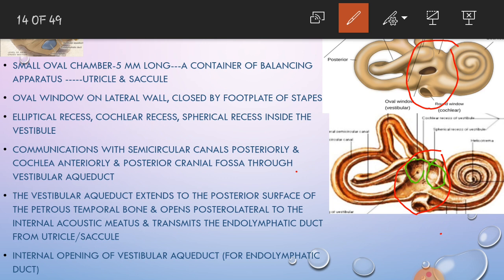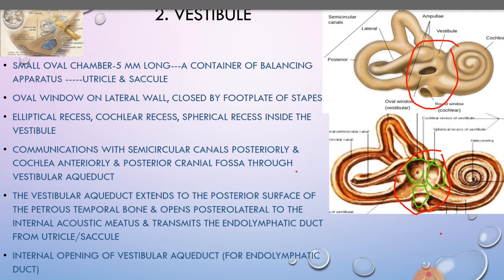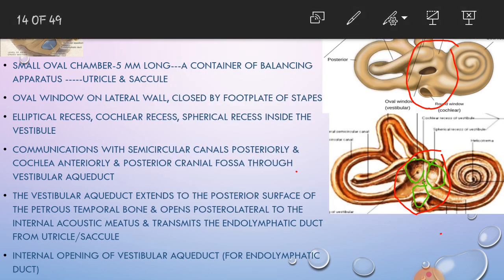This is the opening of the vestibular aqueduct. Okay, and the third one is this. This is the cochlear recess. I'm sorry, I've made this circle a little larger. The cochlear recess, you can see it clearly now. So there are three recesses here.